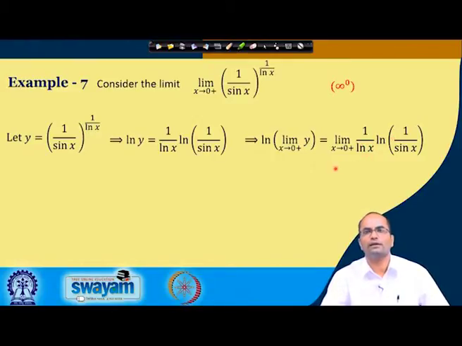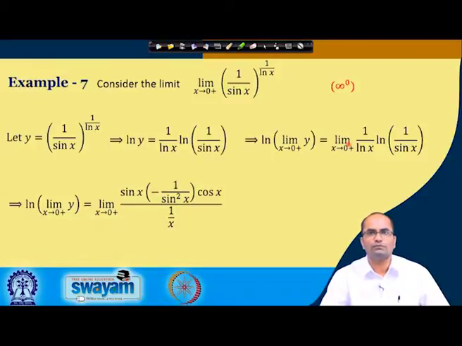Now, we can apply the L'Hopital rule. So, here ln 1 over sin x, the derivative of this will be sin x times the derivative of 1 over sin x, which is minus cos x over sin square x. So, this is the derivative of the numerator term ln 1 over sin x, and then ln x will give 1 over x. Now we can simplify this.